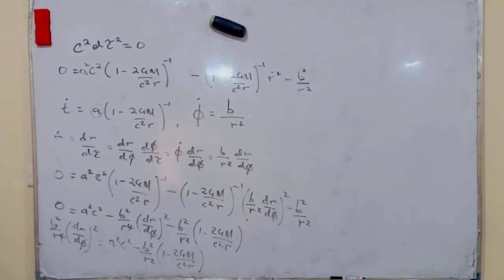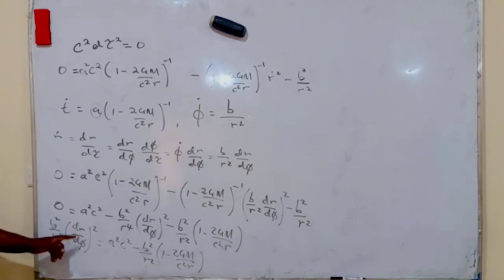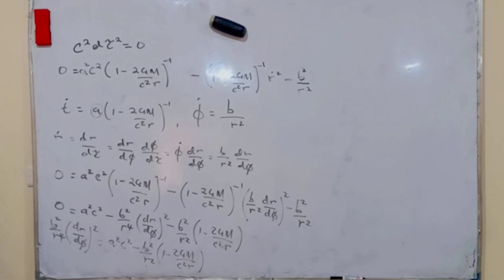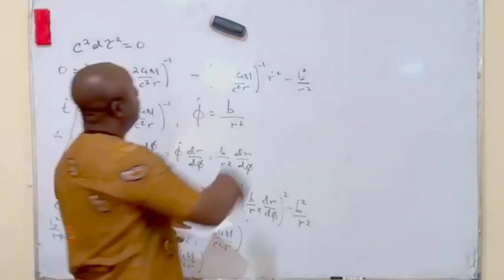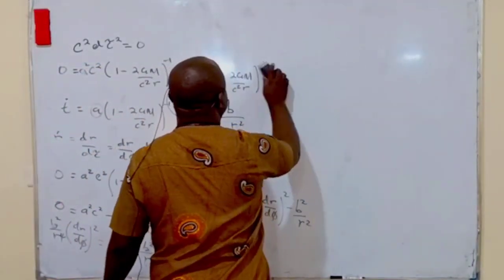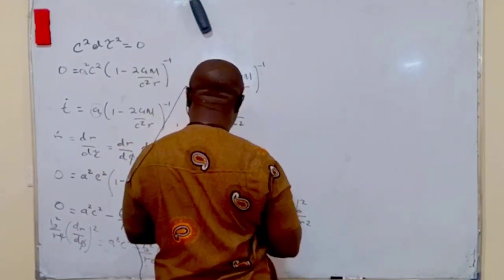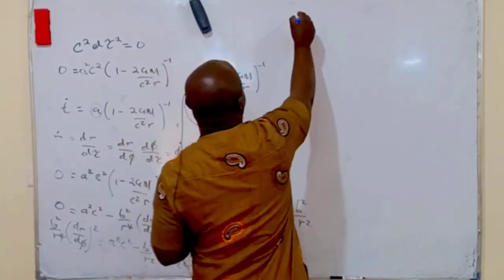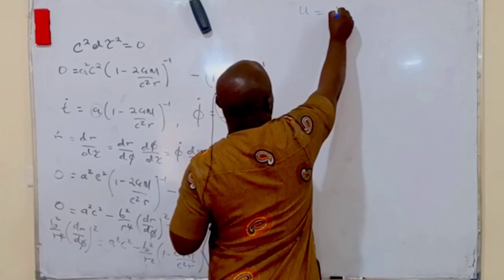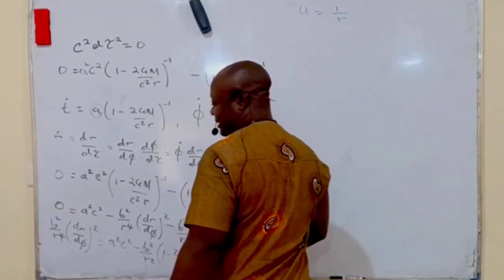Again, we cannot work with r. We need u. With r, it will not be easy for us to appreciate what is happening. So we introduce a u, which is 1 over r.